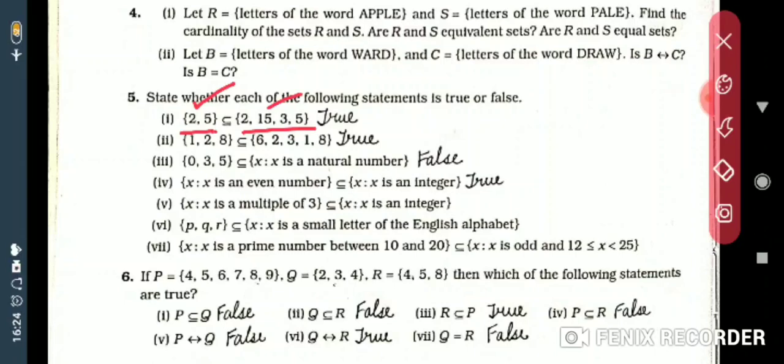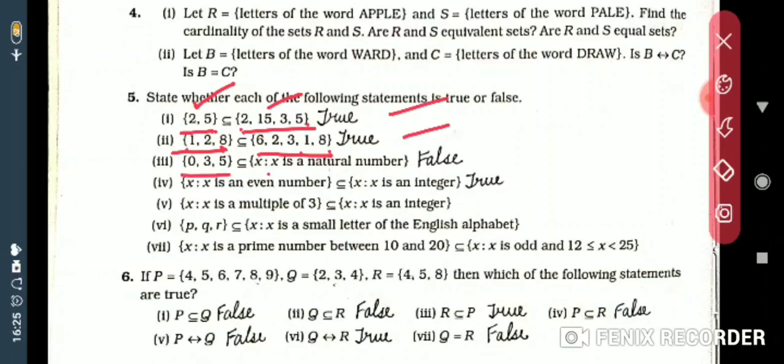So 2 and 5, it is there in this set. So yes, it is a subset. So this is true. Next, 1 to 8 is a subset of this set. Yes, just see here 1 is there here, 2 is also there here, 8 is also there here. So this is true.